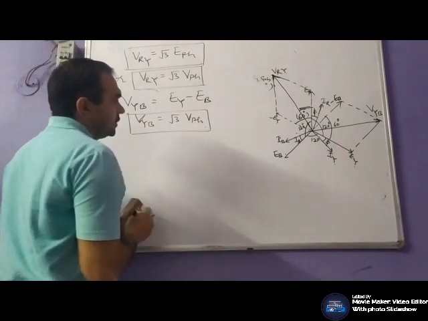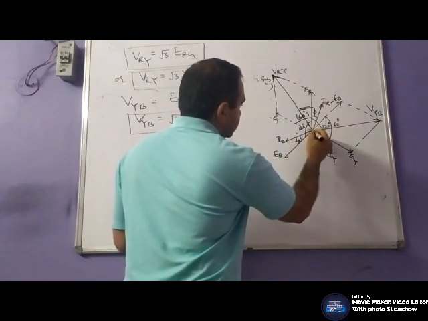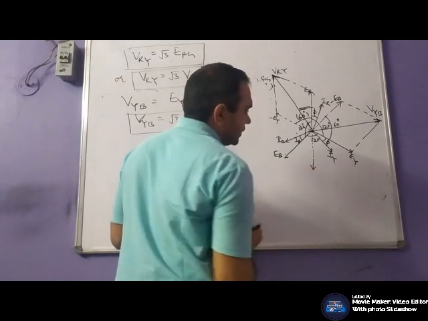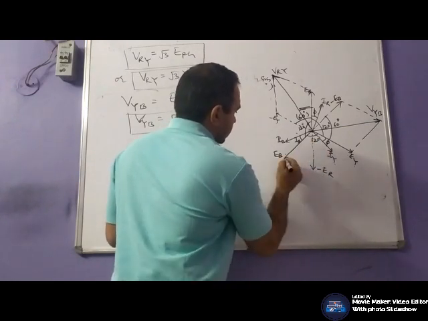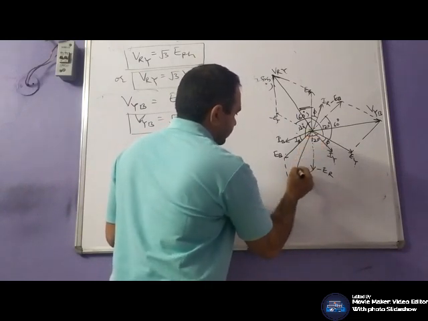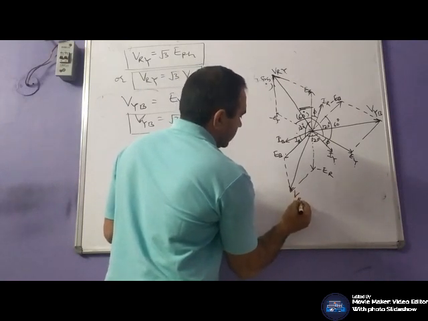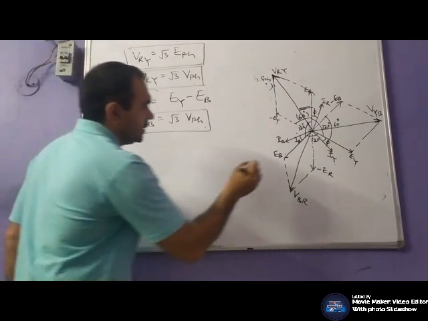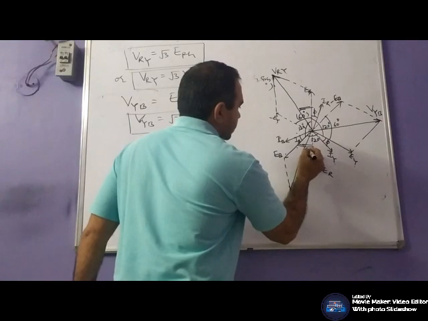Likewise, between phases B and R, extend this in the opposite direction, minus ER, and draw the parallelogram. VBR, this angle is 30 and this whole is 60.